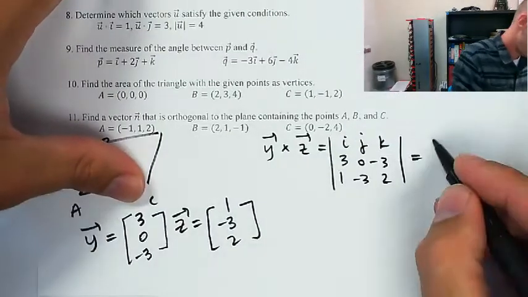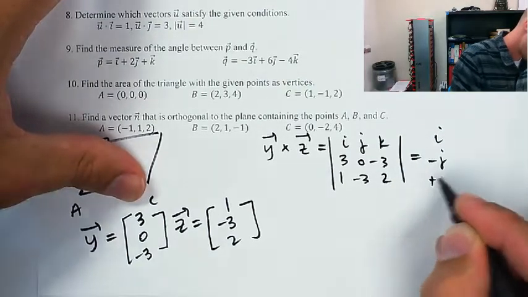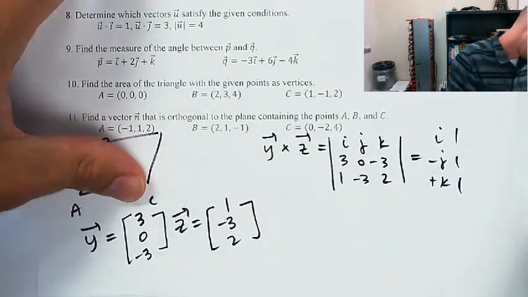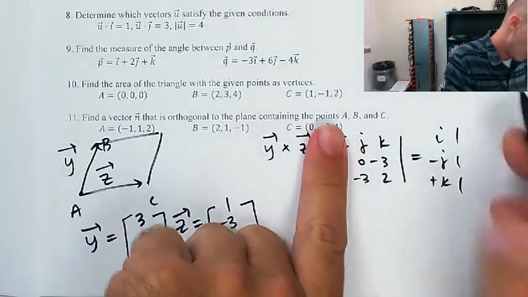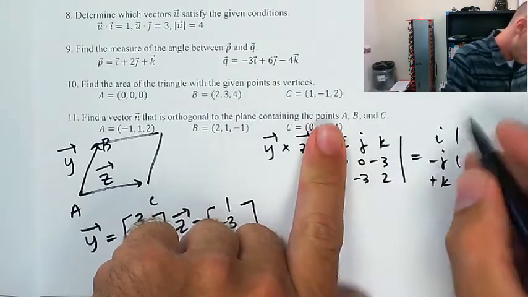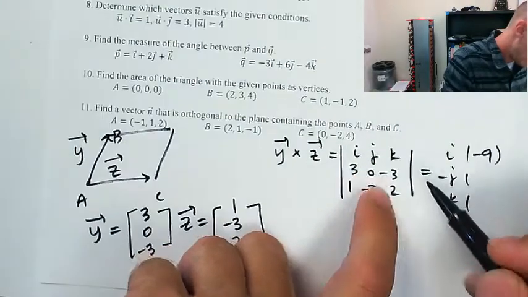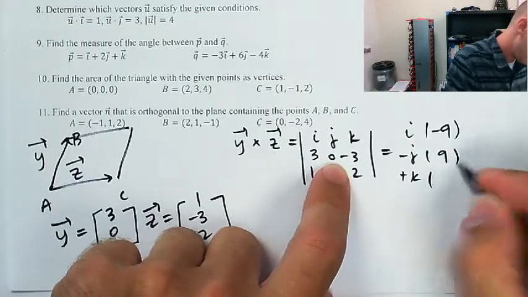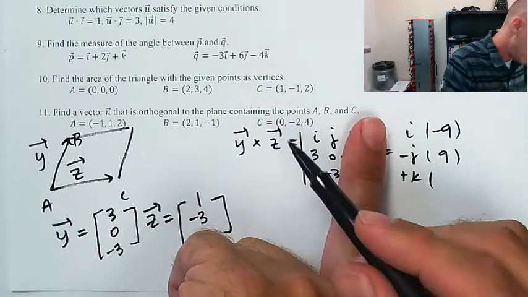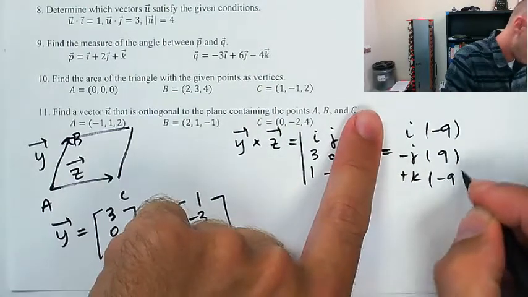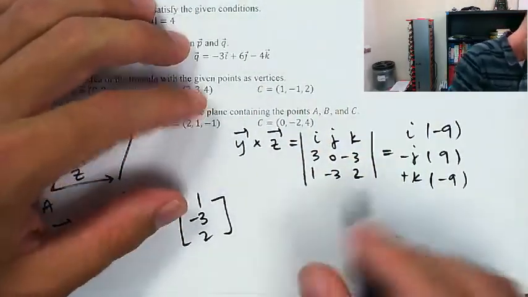Whoops. All right, so 0 minus 9, minus 6 minus negative 3, and K is going to be negative 9 minus 0. Oh, that's interesting. Okay.